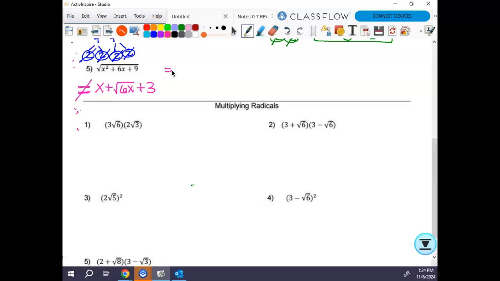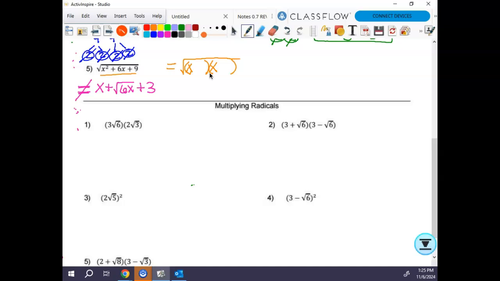Since I can't just take the square roots of the pieces, what is something I could do with this right here? I could factor it. So if I factor that, and I get 2 binomials, I know this would be x and x. Would it be plus, plus, minus, minus, or a mixture?